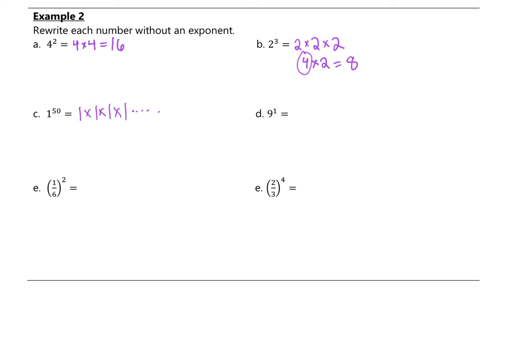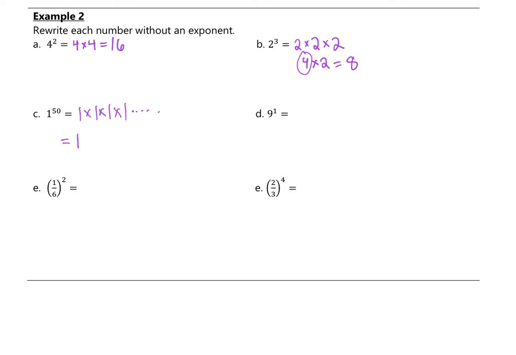But if we multiply 1 times itself, no matter how long we do that, we're still going to end up with 1. 1 times 1 is 1, and that's just going to continue to be the case as we multiply it more and more. So if you see 1 to any power, the answer will be 1.